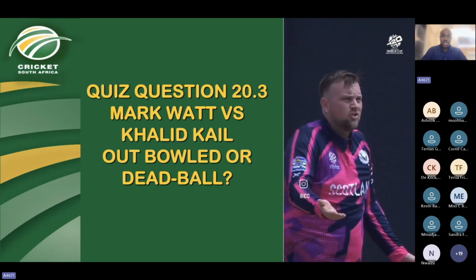We can warn the striker for time wasting if they are continually not ready for a delivery, but we will not allow the delivery to be a fair delivery. We will not allow the bowler to bowl out the striker when they are not ready. So correct answer for this quiz question 20.3, dead ball.